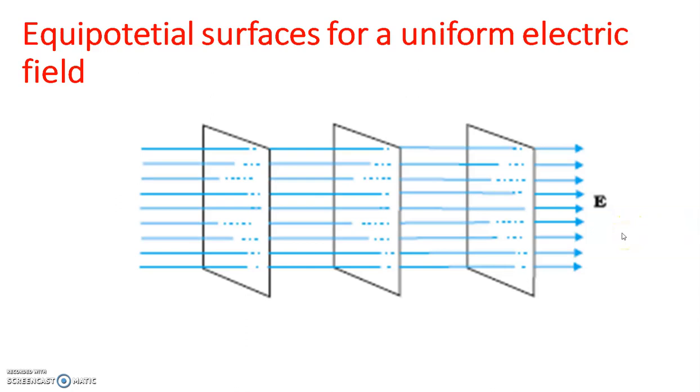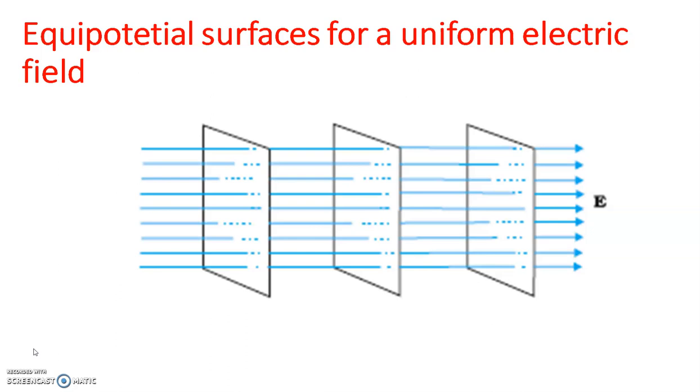Okay, so today we discussed the relation between electric field and potential, equipotential surface, and properties of equipotential surface. Then we discussed the equipotential surfaces for various charge distributions, and the properties of equipotential surfaces are very important. Potential is constant everywhere over the equipotential surface.